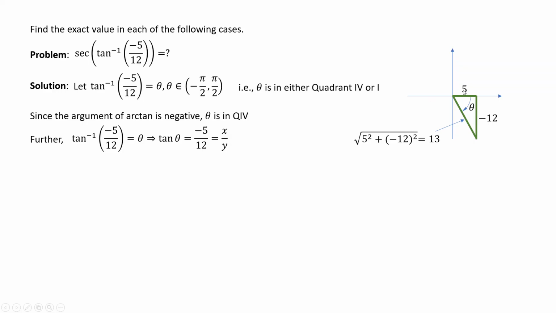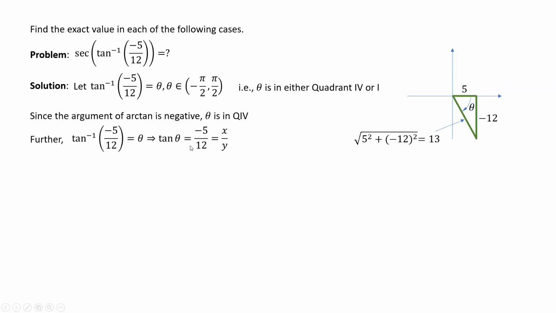X is positive. Wait, did I goof here? When we have y over x to be negative 5 over 12, shouldn't I have said x equals negative 5 and y is positive 12? Oh no, I shouldn't. What I did is actually correct, because negative 5 over 12 could actually be 5 over negative 12.